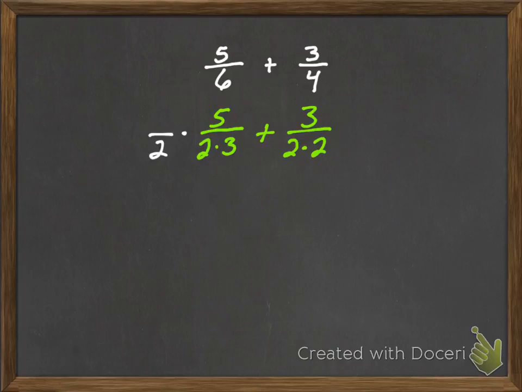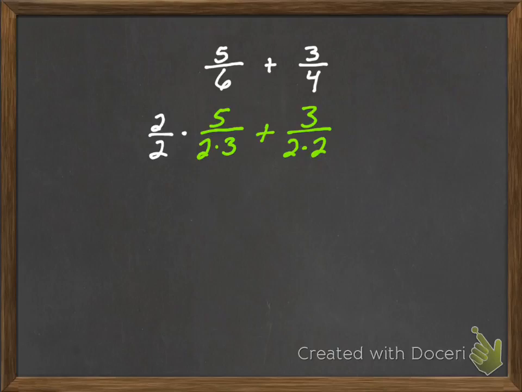But if we only multiply the denominator by 2, that changes the value of our original fraction. The only way we do not change the value of the original fraction is by multiplying by 1. And so therefore, if we are multiplying the denominator by 2, we must also multiply the numerator by 2.